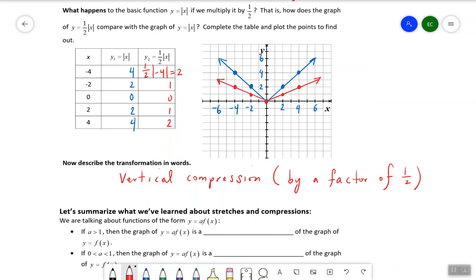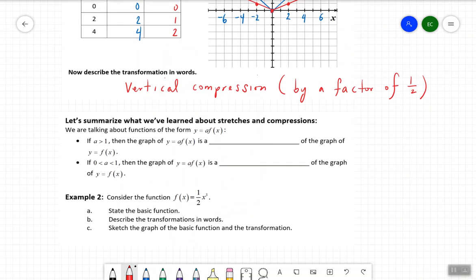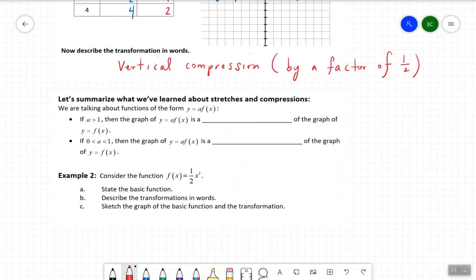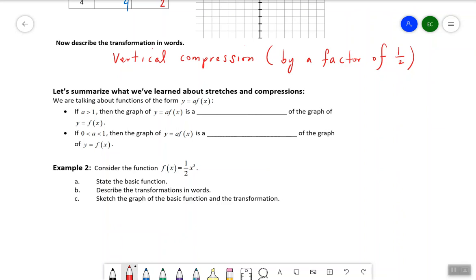Okay, and so we have been talking about stretches and compressions, and we focused on the vertical direction in talking about stretches and compressions. Let's summarize what we learned. So if we have y equals a times f of x, that's a multiplication, and it's outside the basic function.